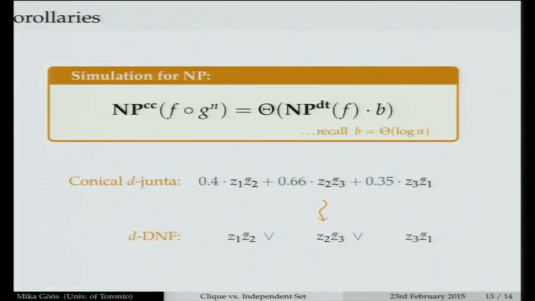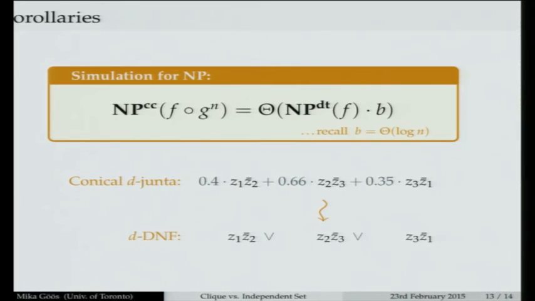This is a conical junta that on 0 inputs evaluates to 0, on yes inputs evaluates to something positive. So of course you can just throw away all the positive coefficients, turn the sums into disjunctions, and then you have a DNF representation for your outer function. So these conical juntas are the truth for non-deterministic computations.